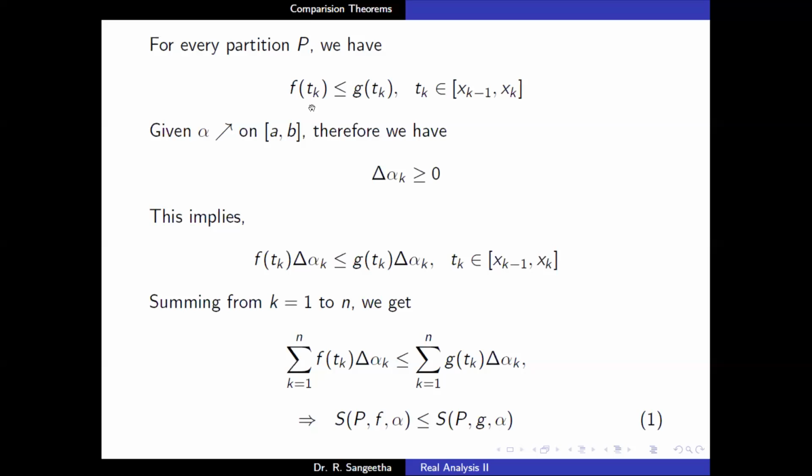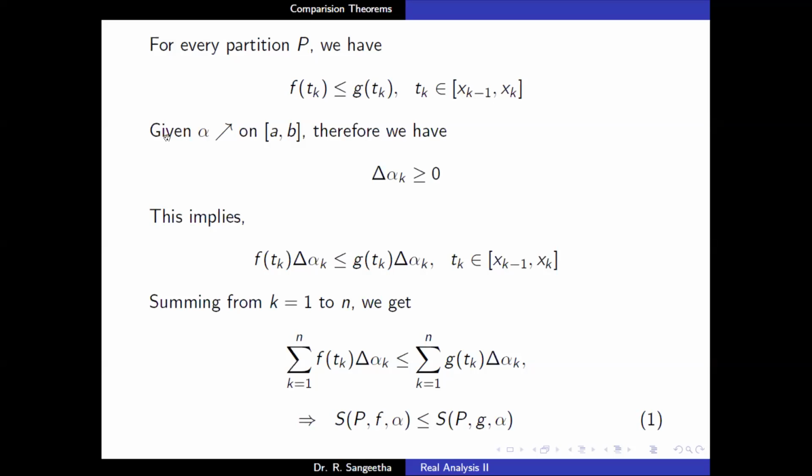Therefore, in each subinterval also we can write f of tk is less than or equal to g of tk, where tk is an element from the kth subinterval, and this is true for any subinterval and any partition. So for every partition P, we have f of tk less than or equal to g of tk, where tk belongs to the kth subinterval.